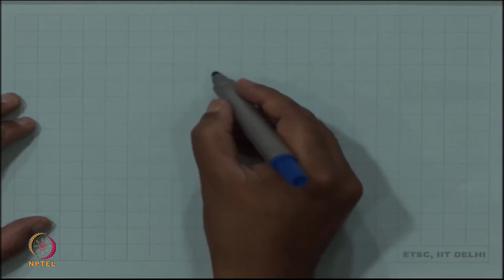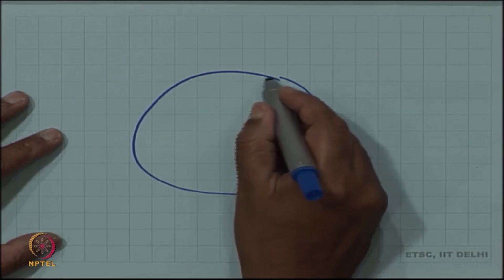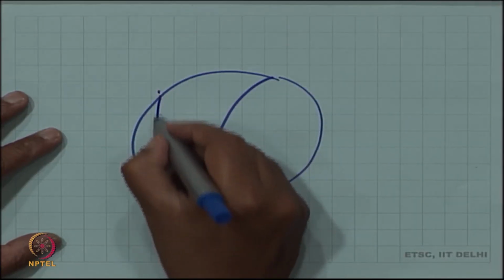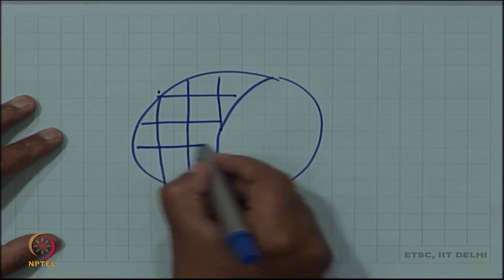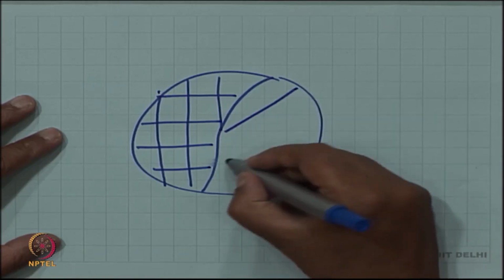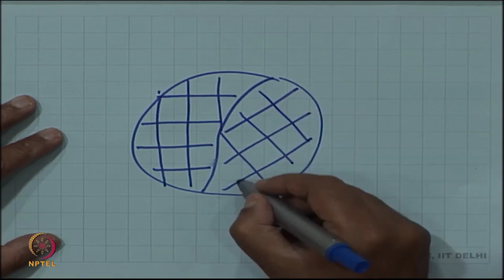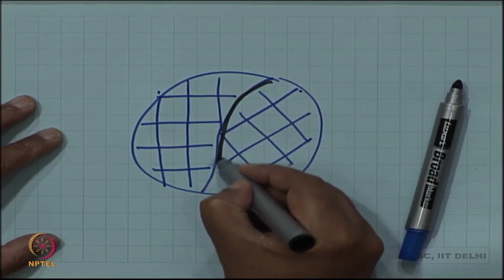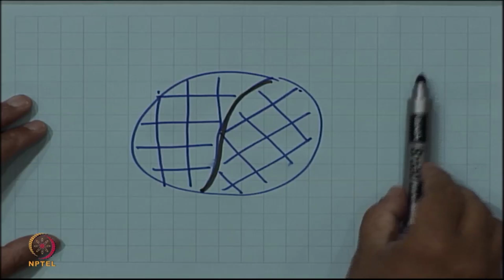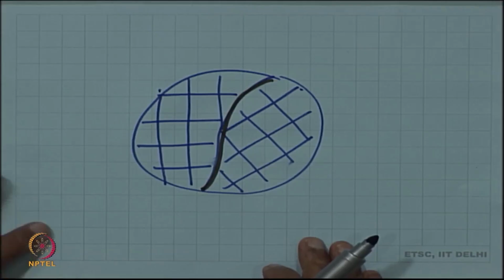Now, since the orientation is different, as we said, across a grain boundary the orientations are different. So, this again is the grain boundary and the orientation changes. This orientation change can be represented as a rotation.